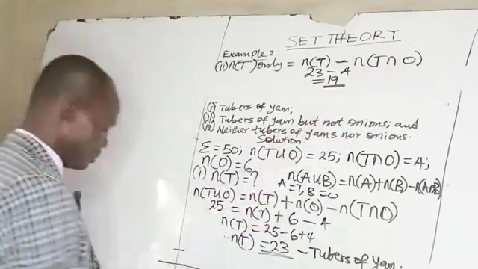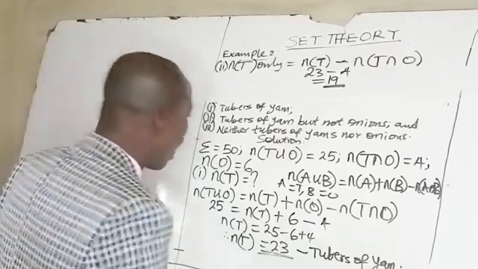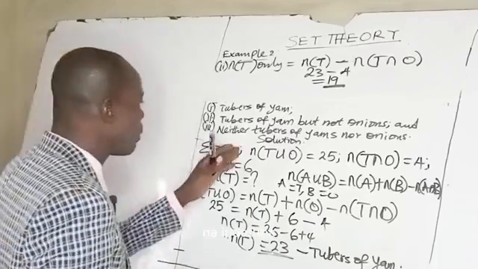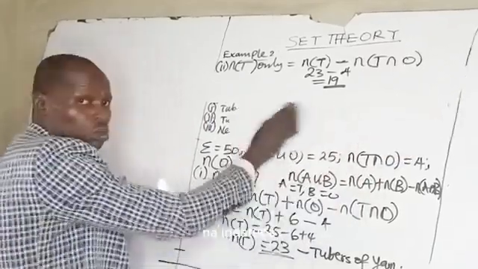Then 3, neither tubers of yam nor onion. People that did not sell either of the two.